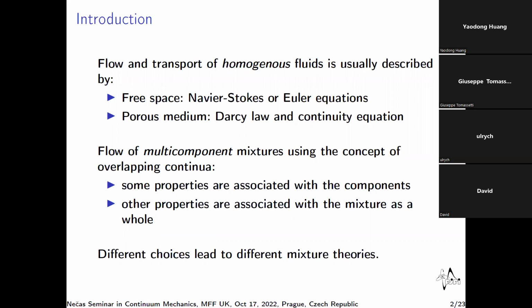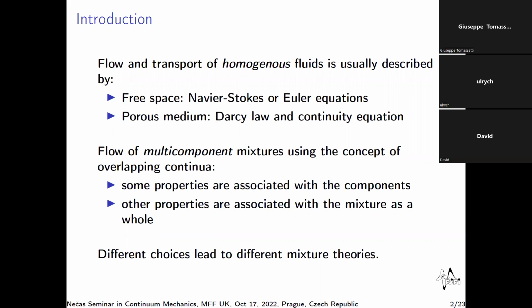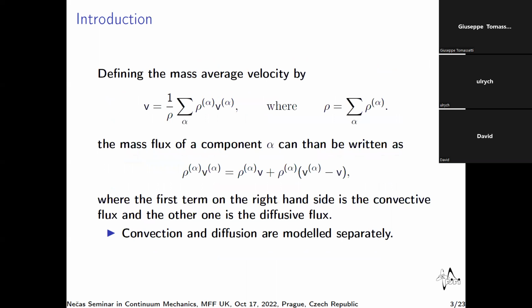This is the basis of the theory which splits the flux into convection and diffusion parts, and diffusion is just related to as a fluctuation with respect to some average velocity, and this average velocity is associated with the mixture as a whole. But we have different options how to choose these categories, and different choices lead to different mixture theories. So I will show some very basic settings.